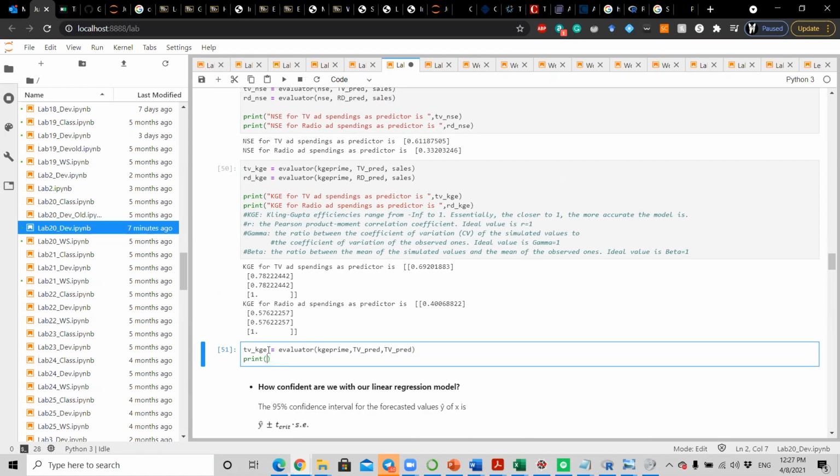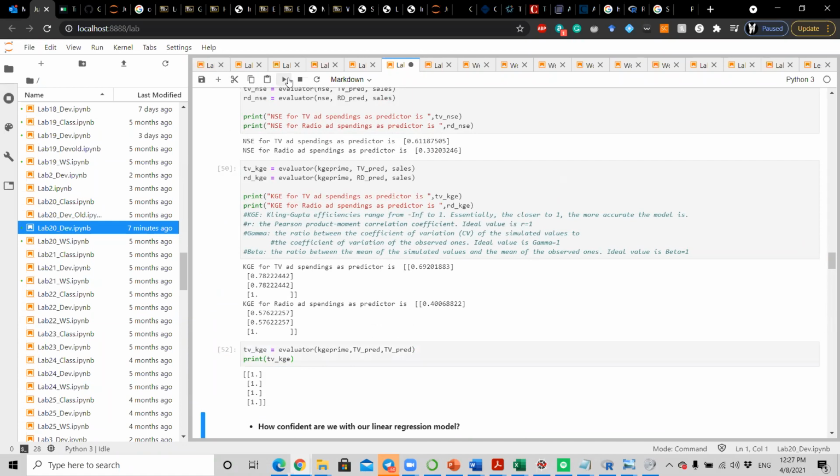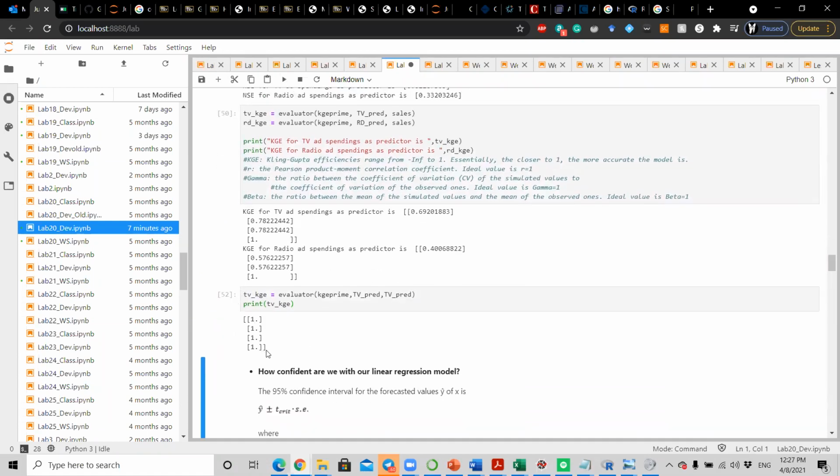Print TV underline KGE, of course. Now, as you see, we are getting ones. That is ideal.